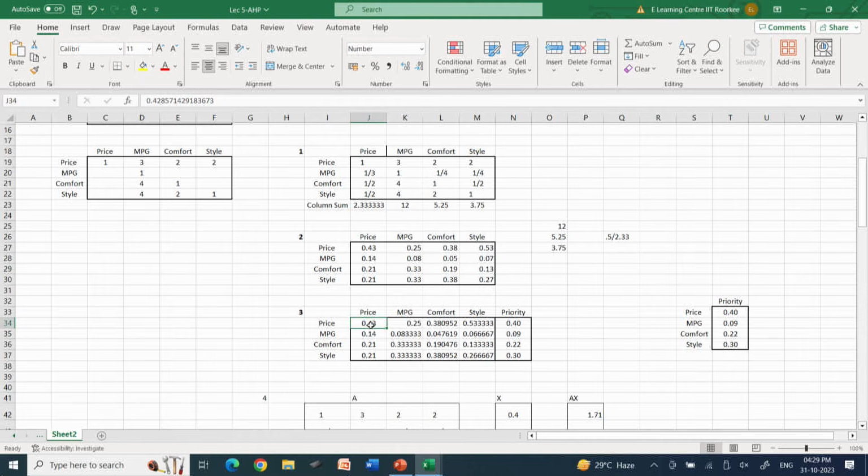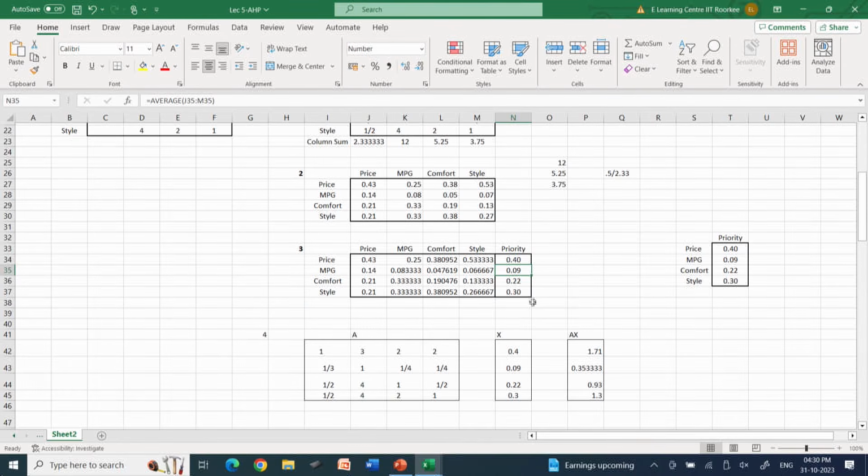In step 3, we are going to find the row average. You see that this row is there, for example, price is one row. So, I have found the average of this row where the price is written. Similarly, the average of this miles per gallon. This average value represents the priority: 0.4, 0.09, 0.22, 0.30.